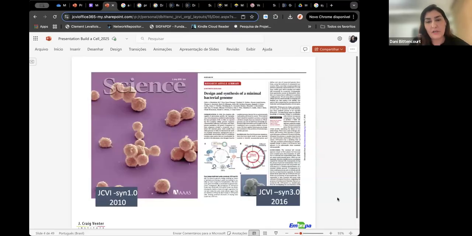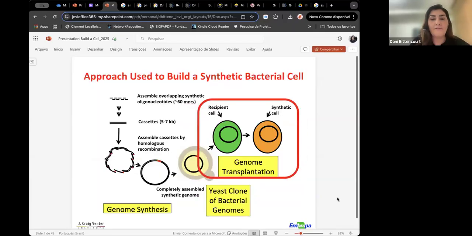For the construction of the minimal cell, JCVI first built the cell JCVI-syn1, which was very similar to the wild type Mycoplasma mycoides. It has almost the whole genome from this species. And then afterwards, after a process of genome minimization, JCVI-syn3.0 was built. To build these cells, they had a very long work.